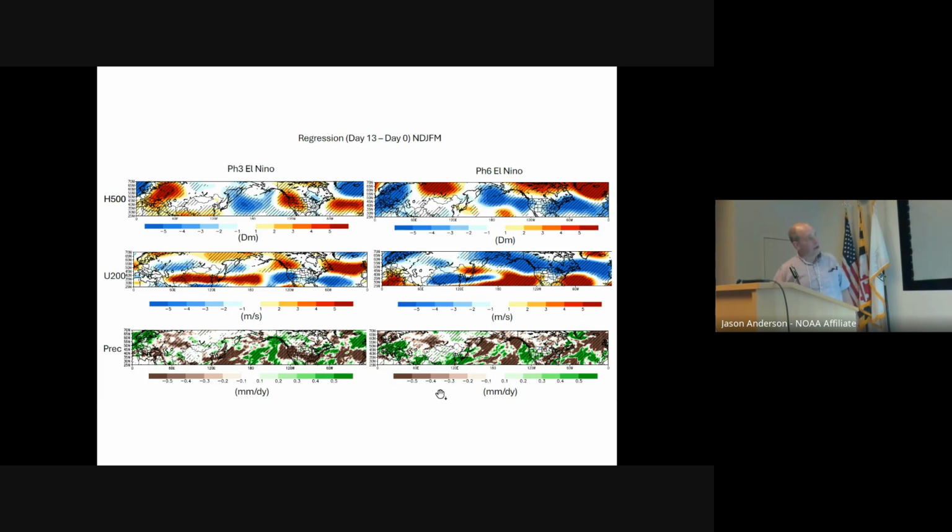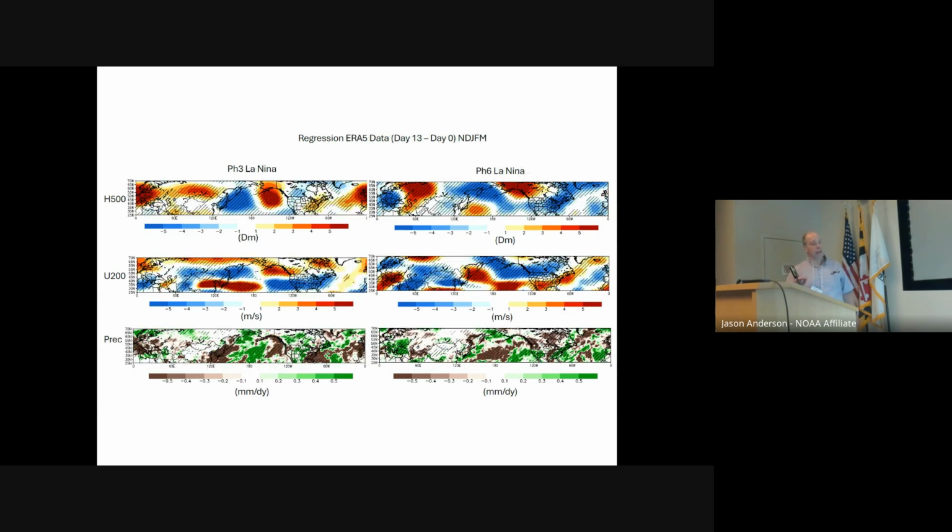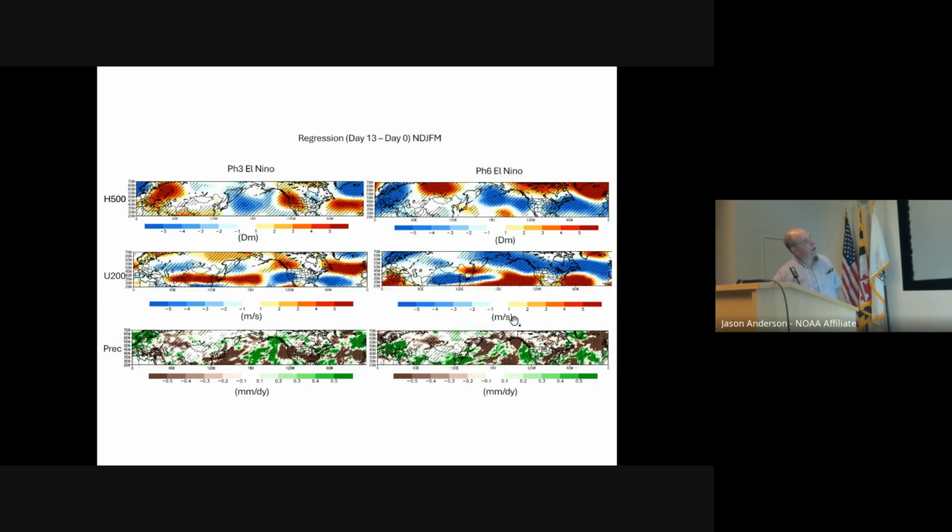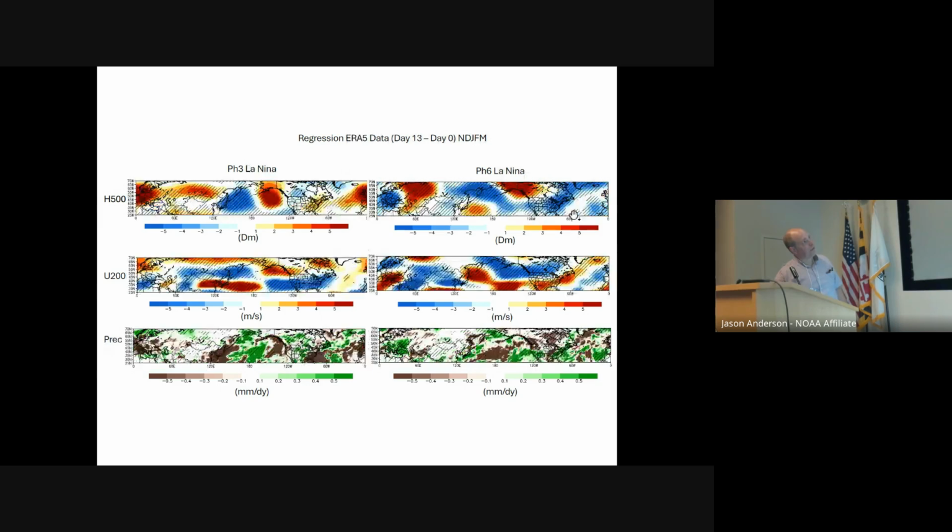However, if I go to La Nina, the signal kind of goes away. For phase 6, I recall, El Nino gave me this nice-looking NAO negative signature in the height data. Well, if I go to La Nina for phase 6, I lose it. So you don't see this NAO negative signature anymore.